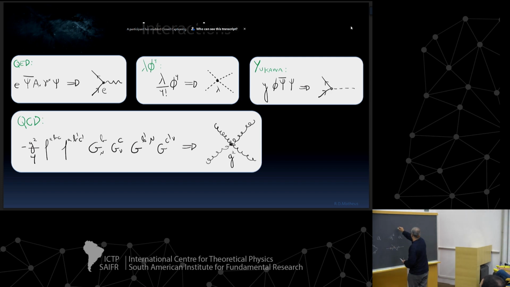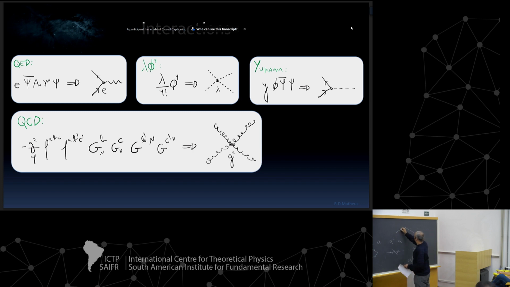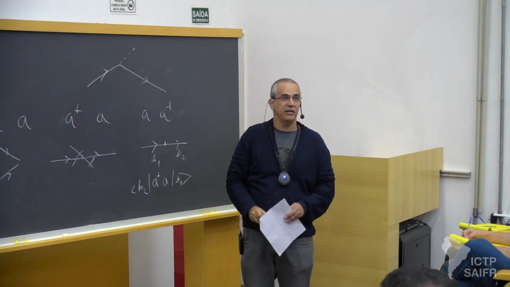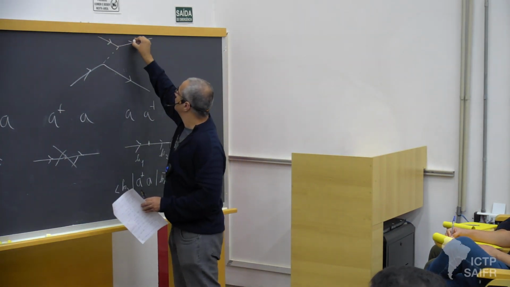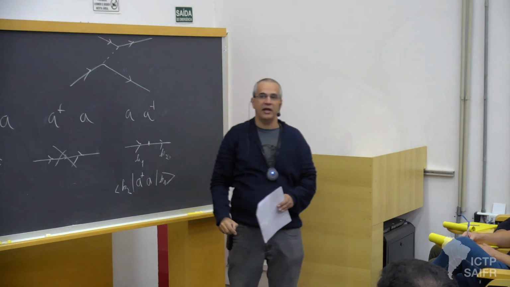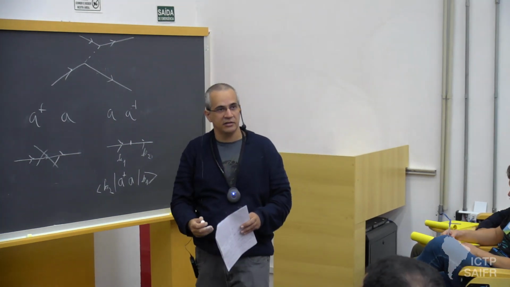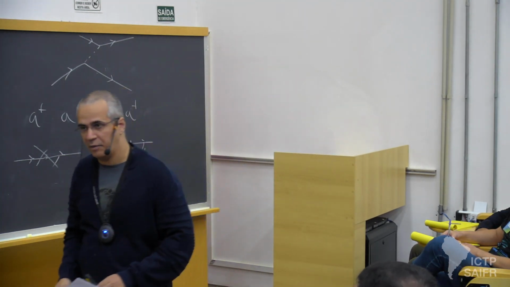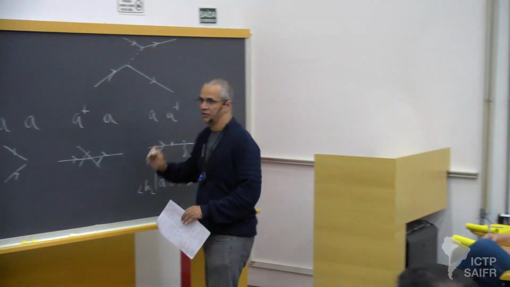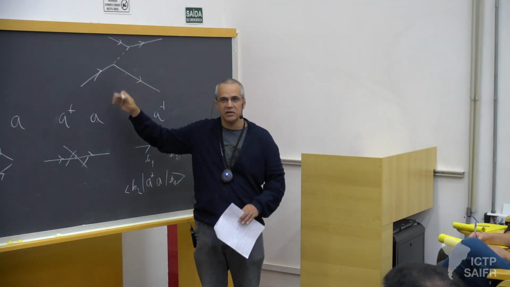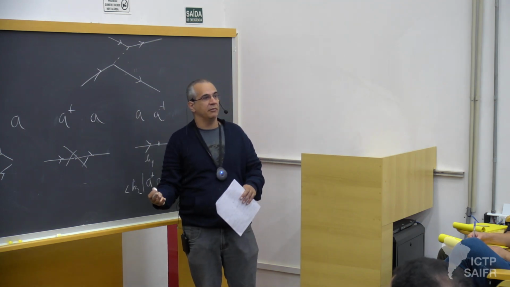What you are allowing is for a proton to emit a pion, right? Which then can be absorbed by another proton. So here is where the Feynman diagrams start to appear, right? And they are a perturbative thing, right? This is a consequence of the perturbative thing, right?